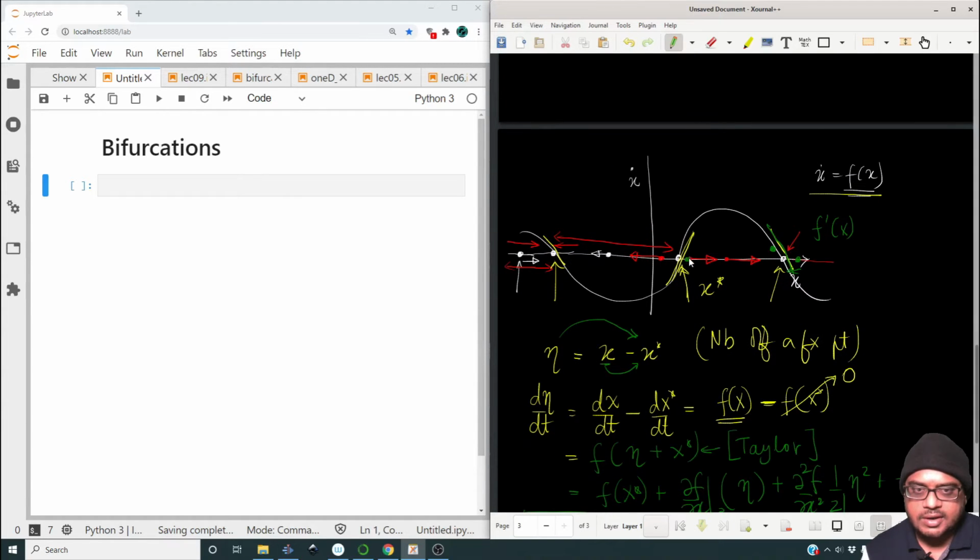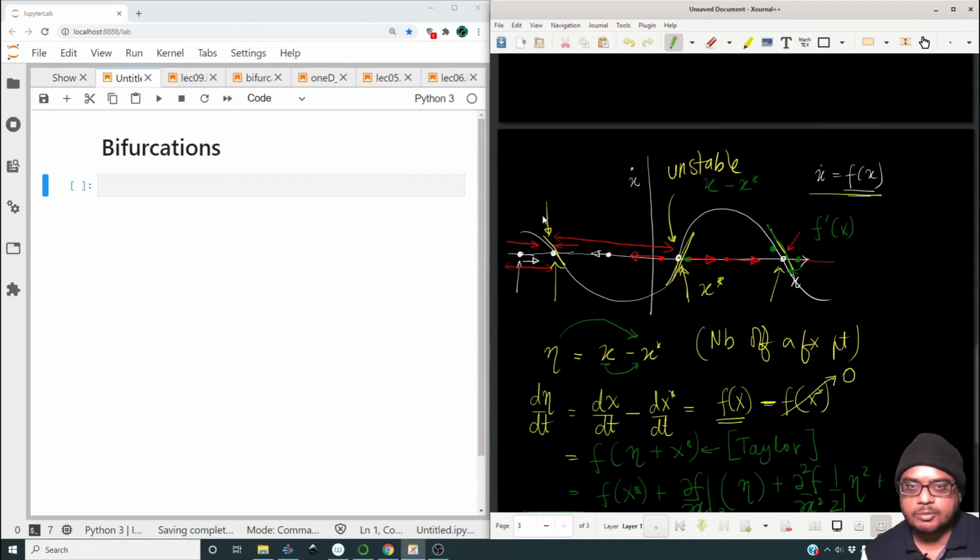For this point, as time increases, eta will increase, that is the difference between x and x star will increase. So this is a repelling point. It is called an unstable point, while this is a stable point, this is a stable point.